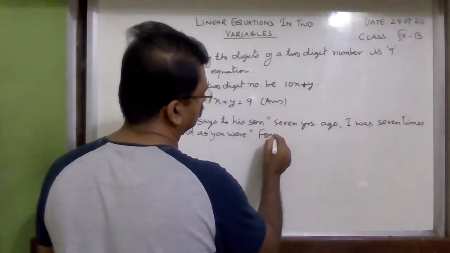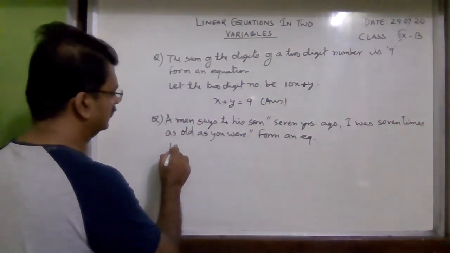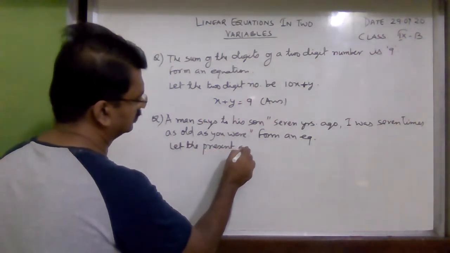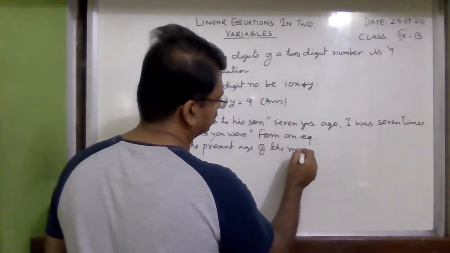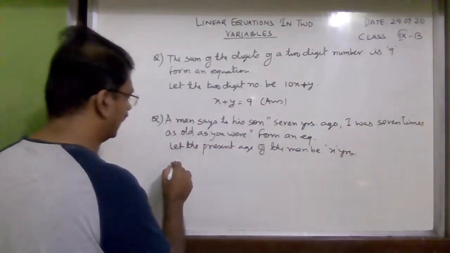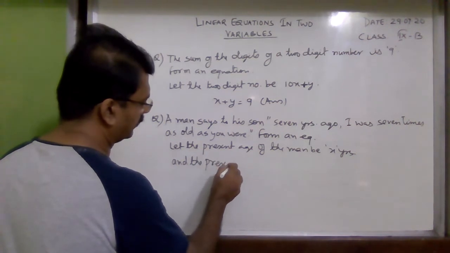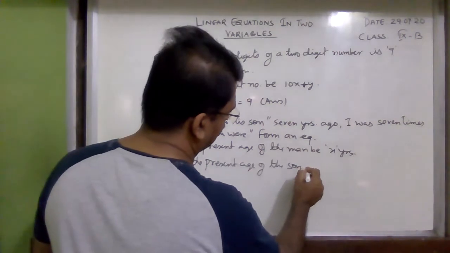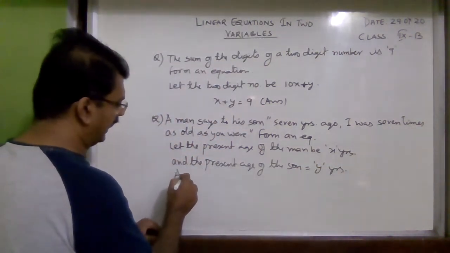Form an equation. Let the present age of the man be x years and the present age of the son be y years.